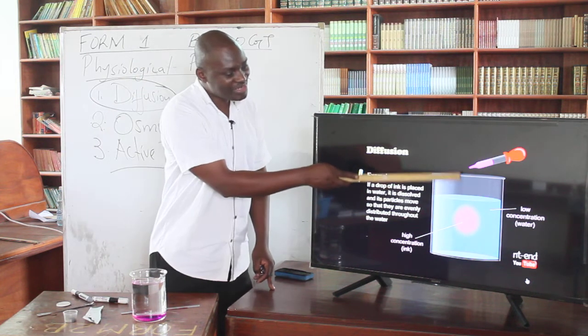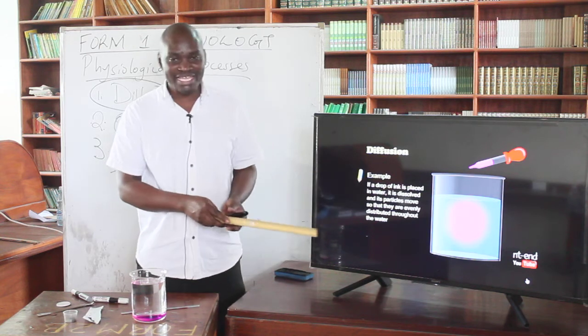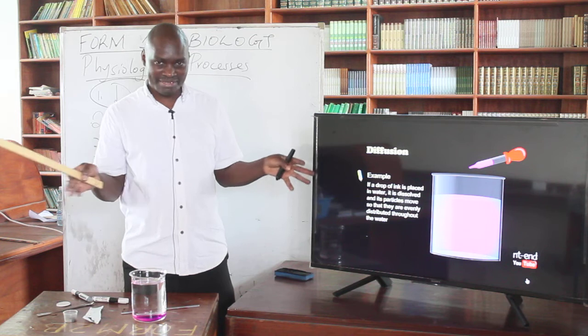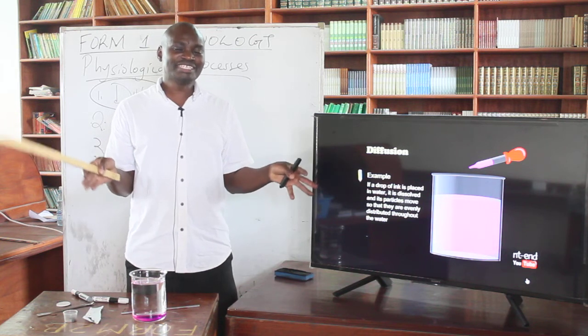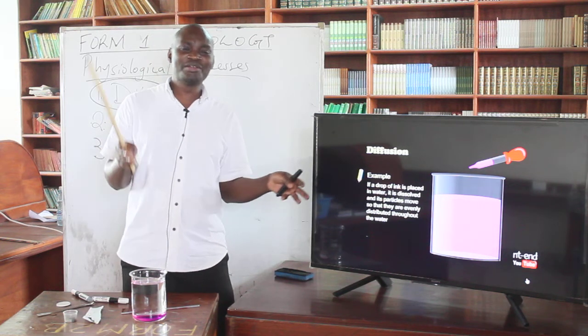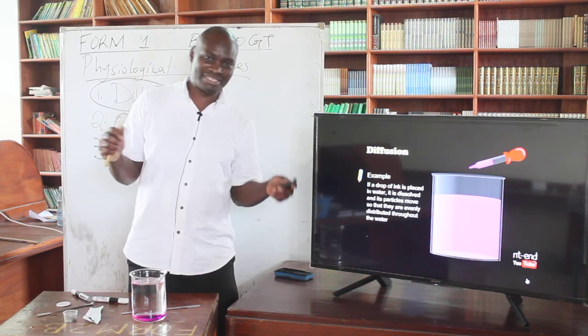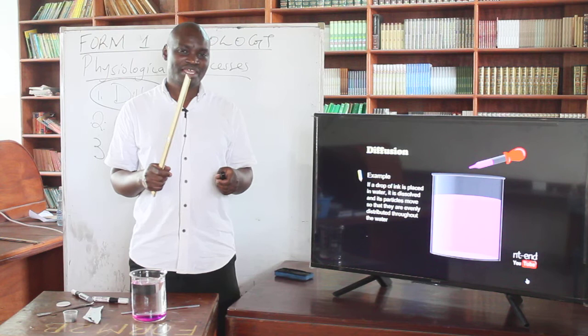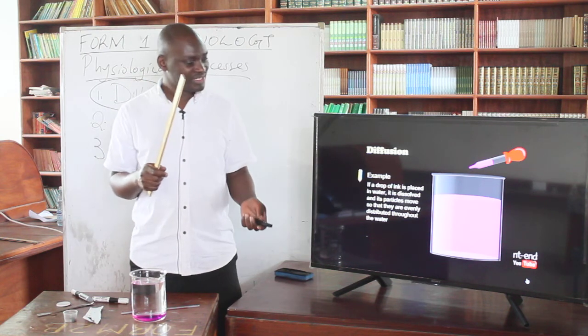So you can see the drop of ink spreading. That tells us that the particles are normally moving randomly. They possess kinetic energy. And how do they move?